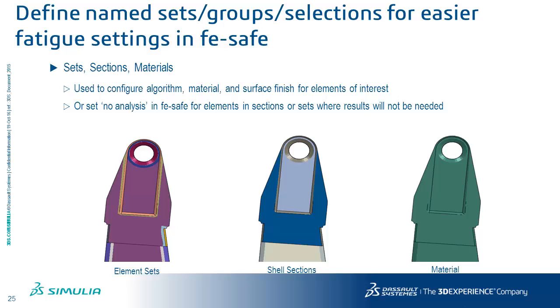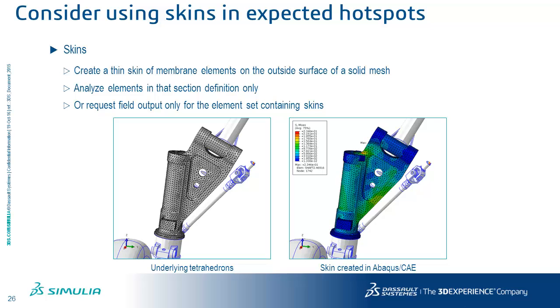So we always recommend you to create sets and groups. Then when you do the fatigue calculation, you can select some of the groups without doing any fatigue calculation on the others, as you need.